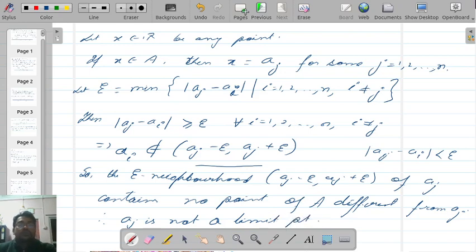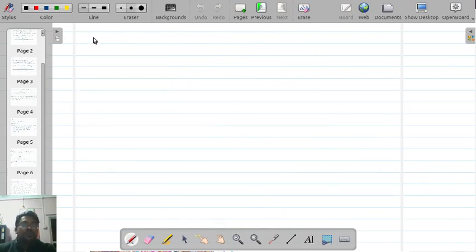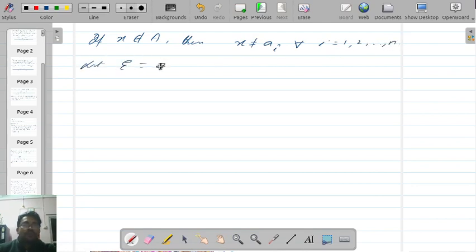Similarly, if x does not belong to A, then x is not equal to a_i for all i from 1 to n, right? So let epsilon equal the minimum of mod of x minus a_i.